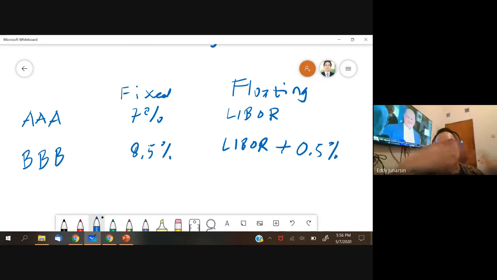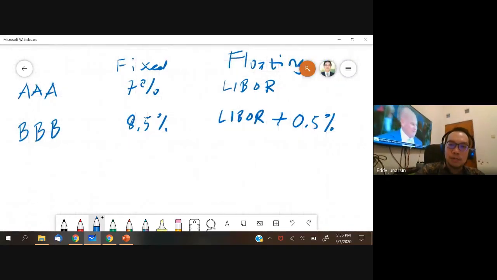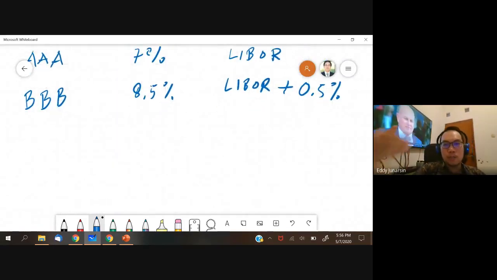According to common thought, this would be quite hard to have something in common or to exchange their obligations. But again, this is the beauty of swap contracts. We'll see how swap contracts could facilitate both parties, and the exchange could benefit both companies.